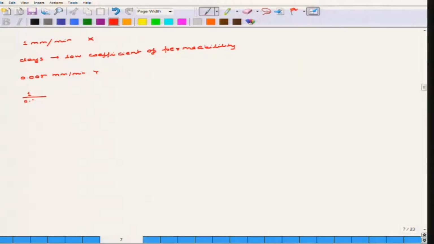So 1 by 0.005, the ratio R, comes out to be about 200 times. So the first test goes 200 times faster than the second test.